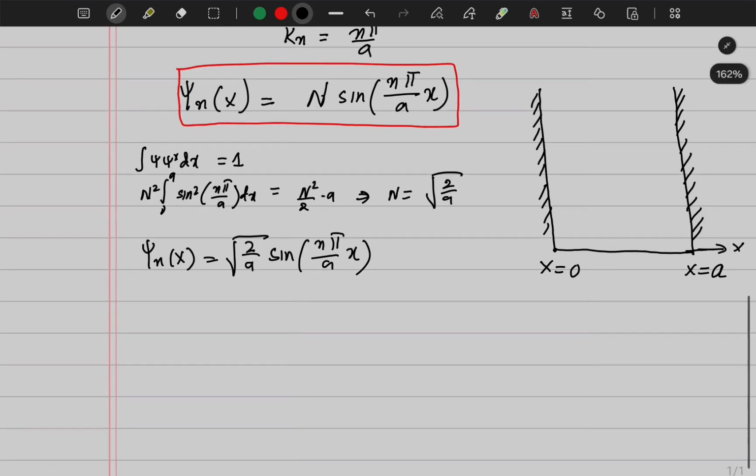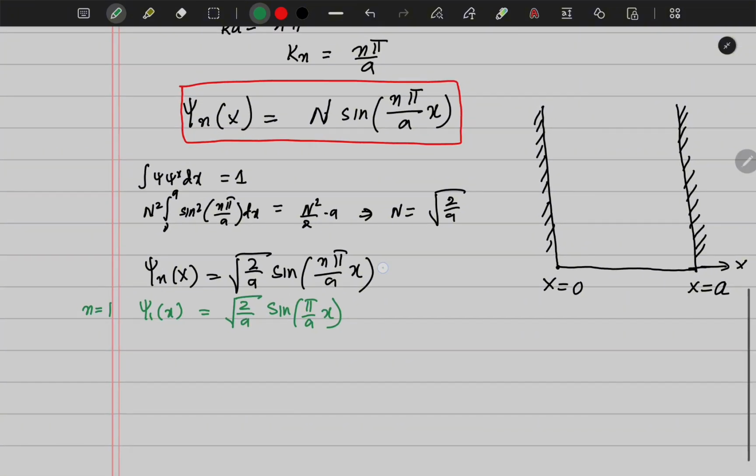So now for every value of n, we have a different wave. For example, for n equal to 1, let me do it in green. For n equal to 1, we have psi_1 of x is equal to the square root of 2 by a times sine of pi by a x. So this is for n equal to 1.